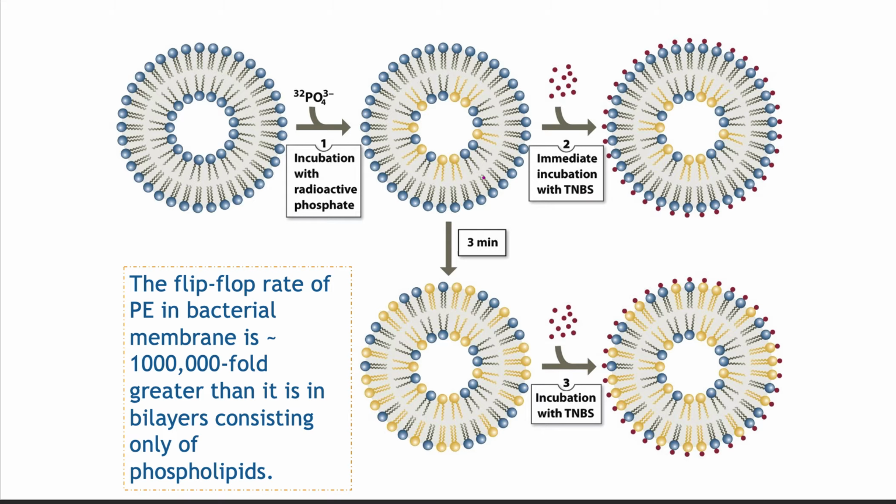So you have newly synthesized phospholipids, you incubate them with radioactively labeled phosphate, and the ones that are radioactively labeled are shown in yellow. But we are about to make this yellow green.